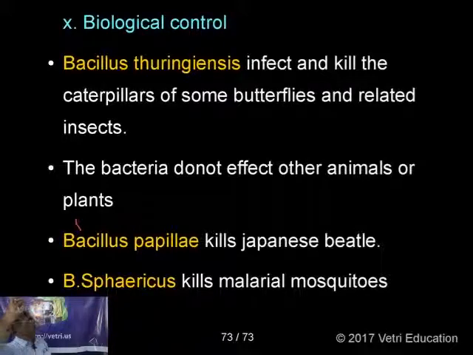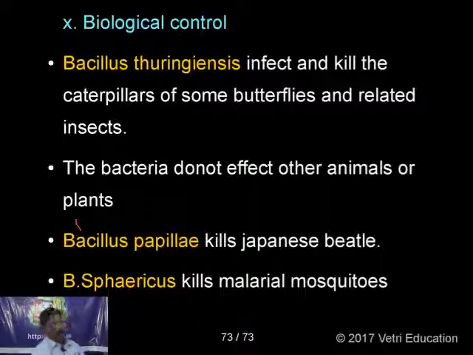And biological control. We have to control diseases or pests by using another biological organism, without affecting the plant or animal. That is called biological control. In this, Bacillus thuringiensis infects and kills the caterpillars of some butterflies and related insects.